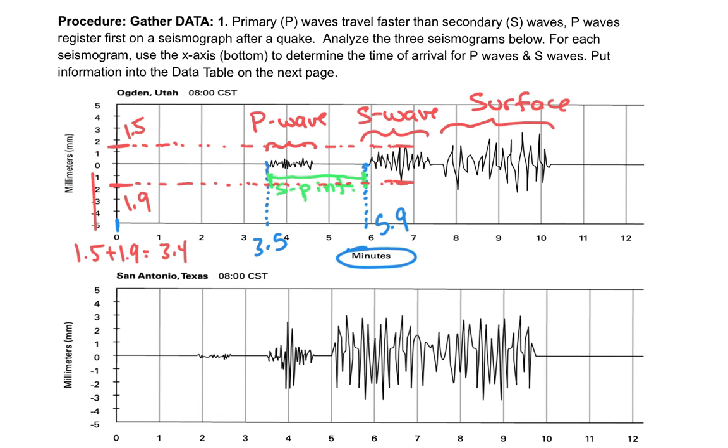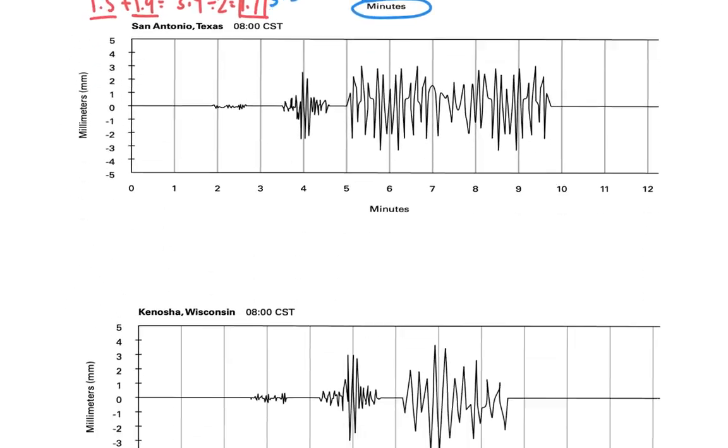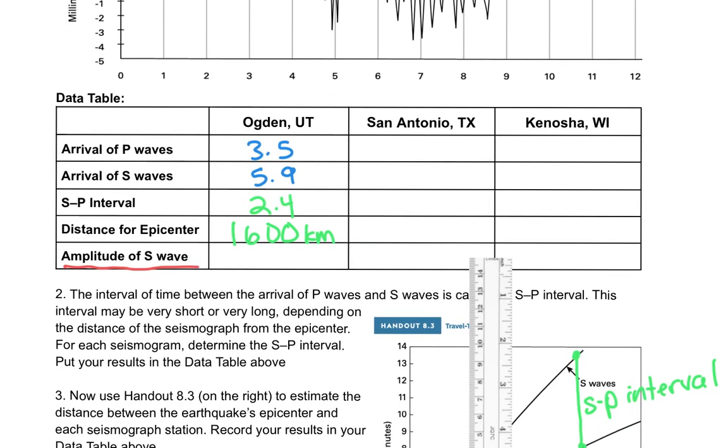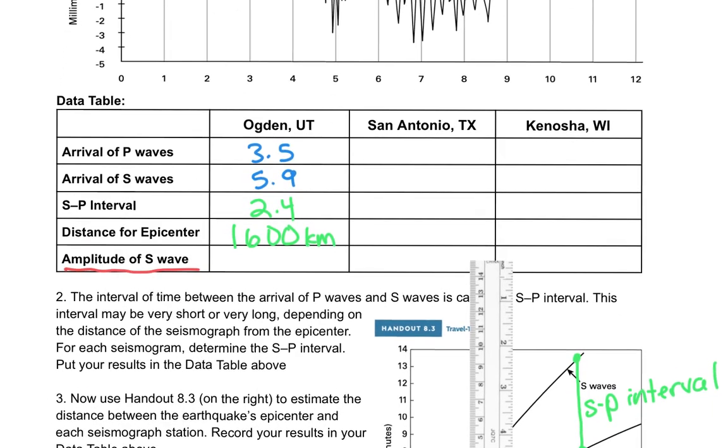And then you divide by how many numbers you added. So we had two numbers added together. That means we have to take 3.4 divided by 2. That's going to give us 1.7. So 1.7 is our average. And we will take that, and that will be our amplitude of our wave.